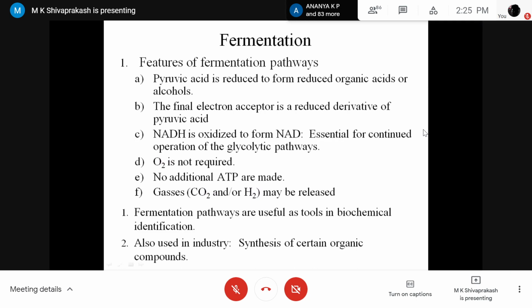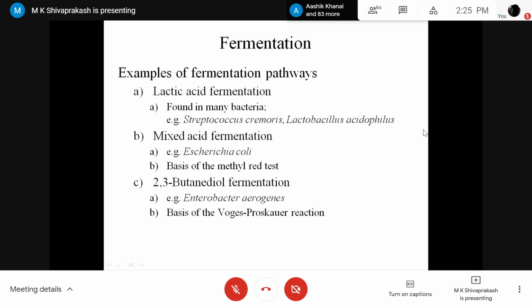Also, the majority of them have economic importance. For example, in lactic acid fermentation, the homofermentative lactic acid bacteria, like different species of the Lactobacillus genus or species of Streptococcus, are involved.